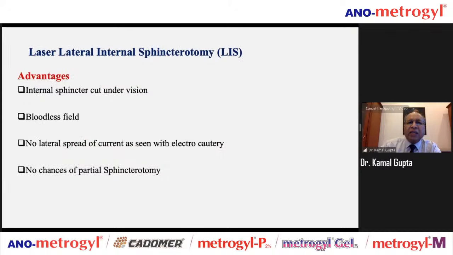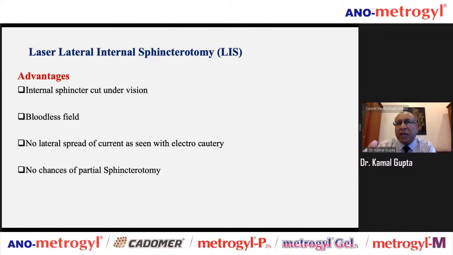Advantages of laser: the internal sphincter can be seen under vision. In case you are going for open, the way I do, I will just share the video with you. It's a bloodless field, absolutely bloodless, because what I have seen in CLIS, whenever I used to do the closed internal sphincterotomy, I always used to get a lot of bleeding. So I personally feel the bleeding is there in CLIS because when you rotate the blade medially, we know the vessels penetrate the internal sphincter vertically.